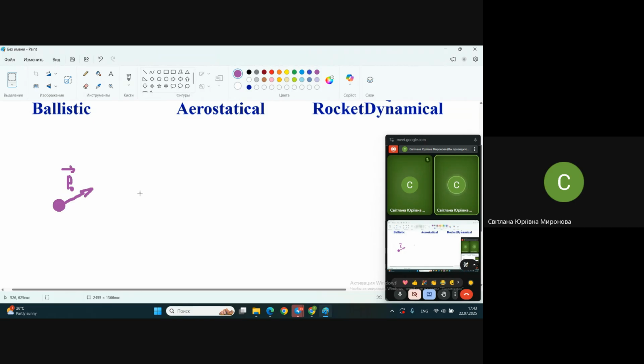And how does lift appear? We understand that the vector of this original force, maybe it's better to call it F, not P, is split into two components.